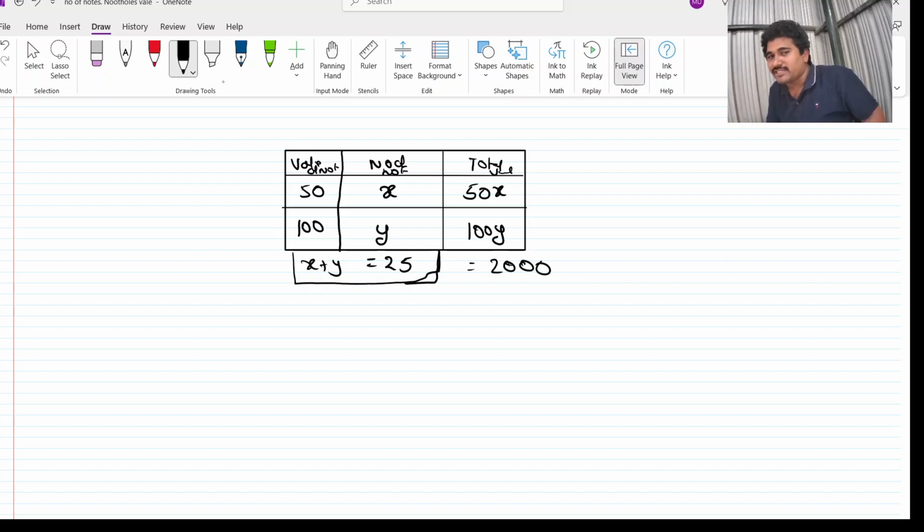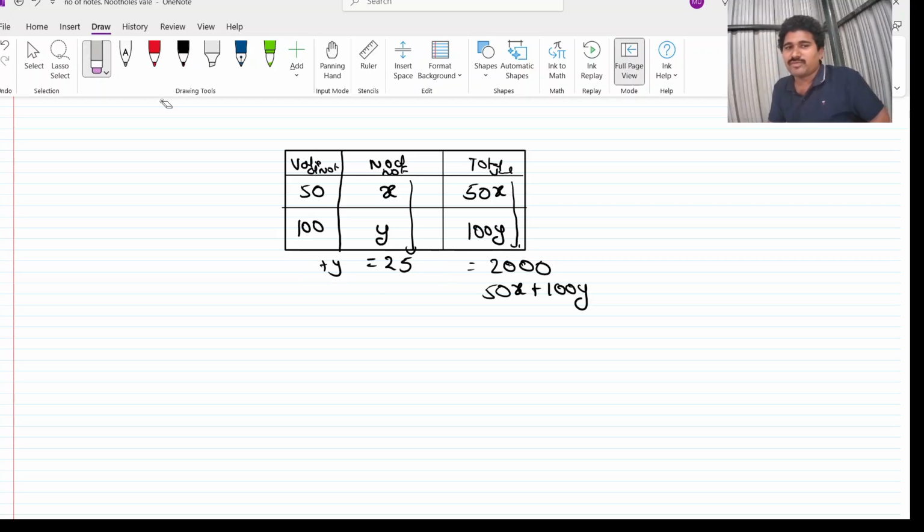That means 50x plus 100y. That's it. Try forming the equations easily. Are you clear? So this column will give you one equation, and this column will give you another equation. Understand? In this way you can easily solve. Try to make this table. What is the table? Tell me.